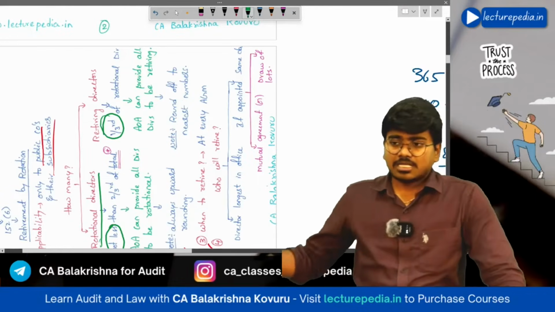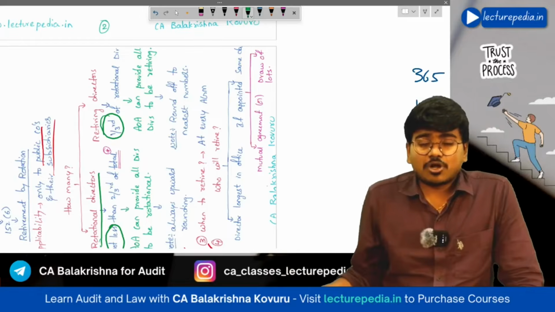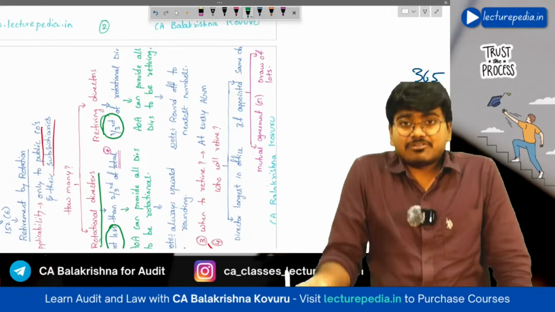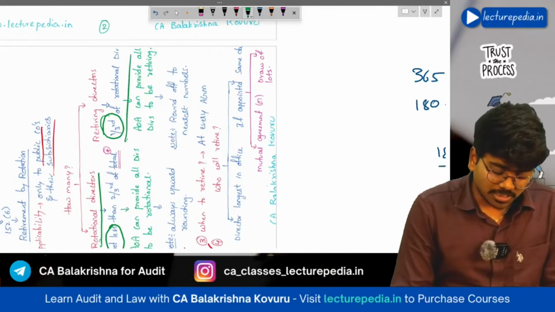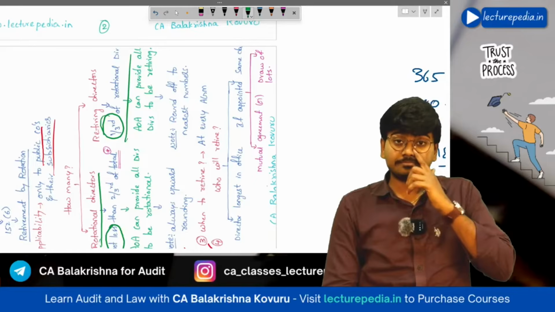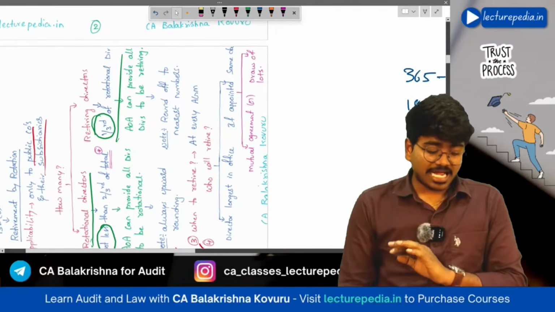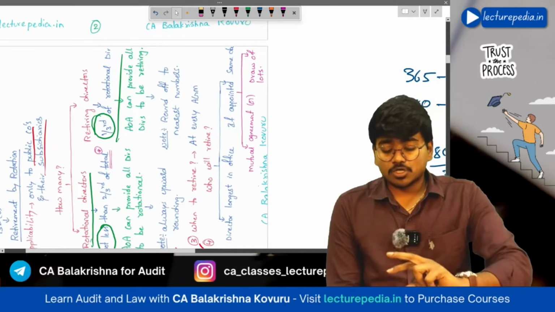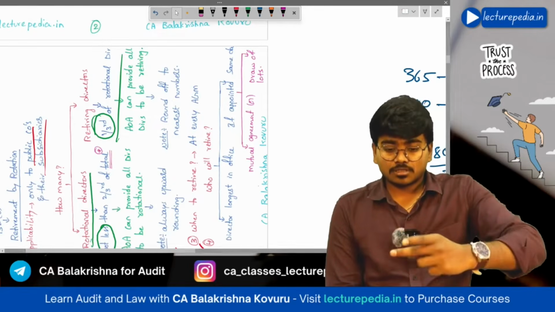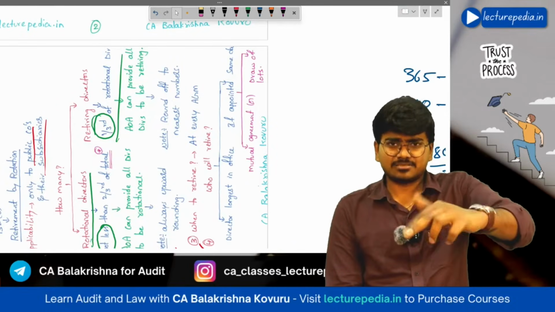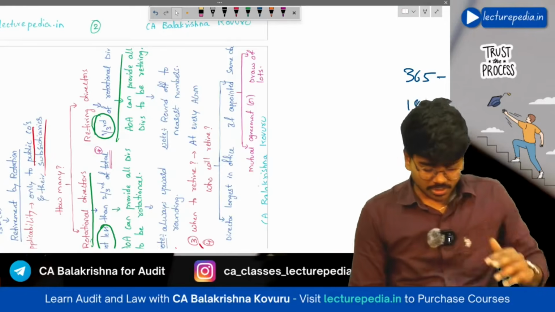Because the act has not used the terminology of not less than one-third, it has just told one-third of rotational directors must be retiring directors. So for calculating one-third, basically nearest rounding you have to do.